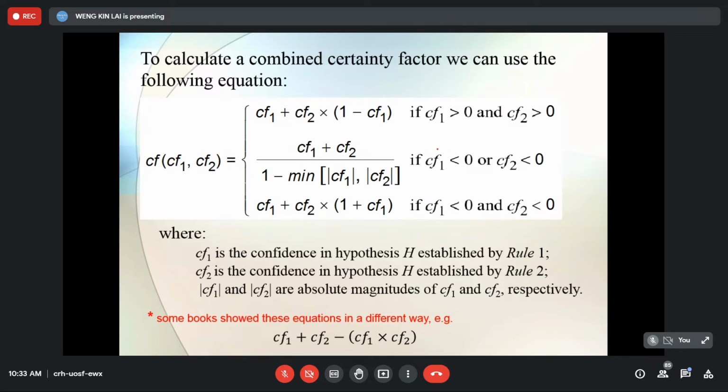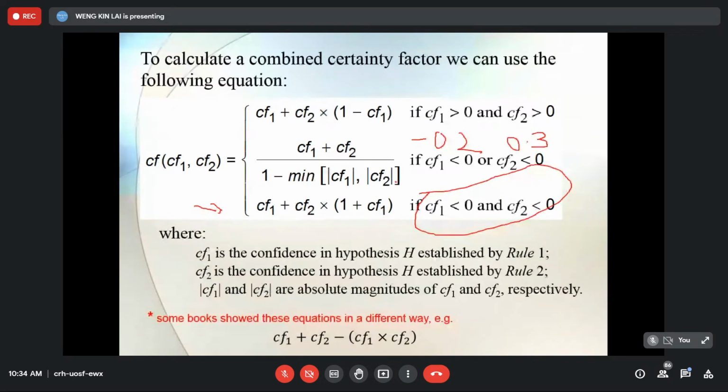Let's say, first condition is that either one is negative. Either one, so it's not both. If both are negative, you use this particular formula over here. Now, let's take one example: your CF1 is minus 0.2, and your CF2 is 0.3.